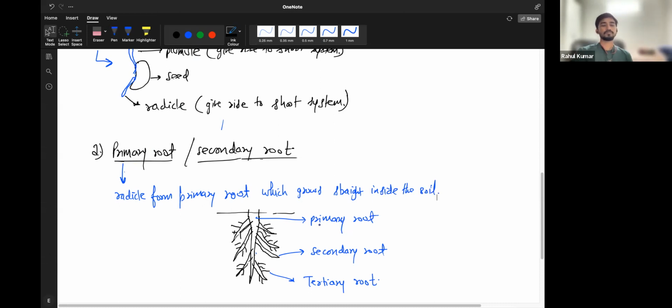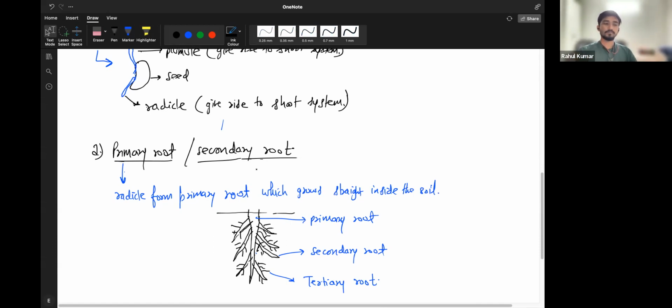Second point, primary roots bear lateral roots known as secondary roots. So from the primary roots come the secondary roots, and from secondary roots arise the tertiary roots and so on.